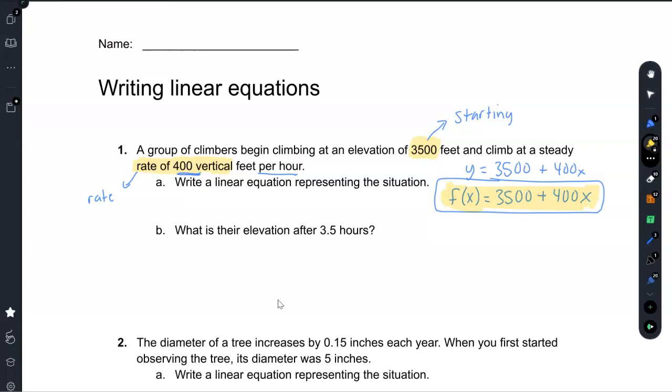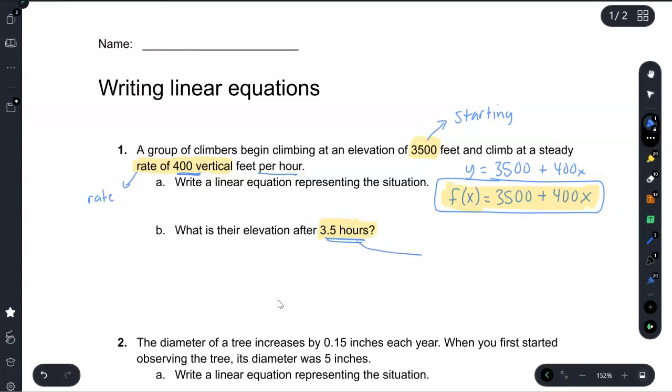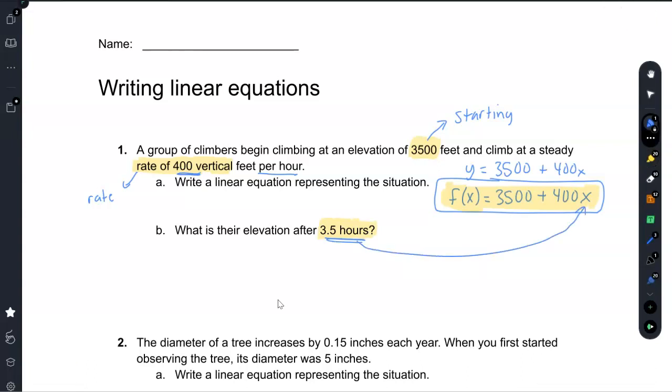All right. And then part B says, what is their elevation after 3.5 hours? So the 3.5 is my variable, and that gets subbed into my x position. So that would be f of 3.5, which lets me know I'm looking at this at 3.5 for my x, is equal to 3,500 plus 400 times 3.5.